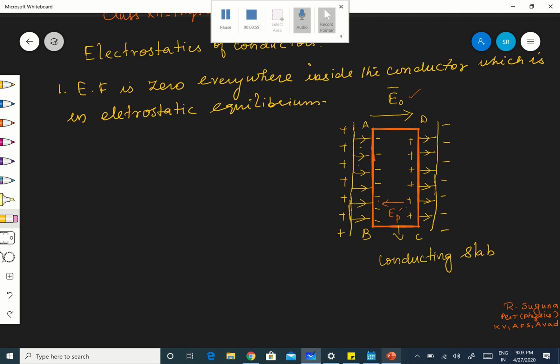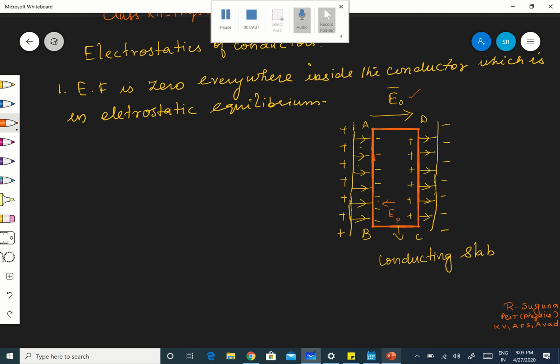At one point what will happen? The external electric field E naught and this opposition. The flow of the electrons from CD to AB stops only when EP, the field inside, becomes equal and opposite to E naught.